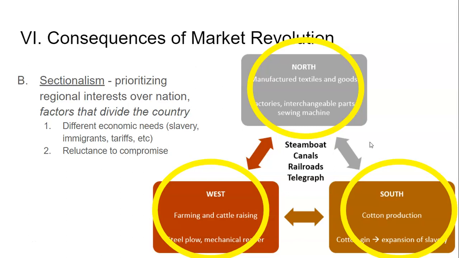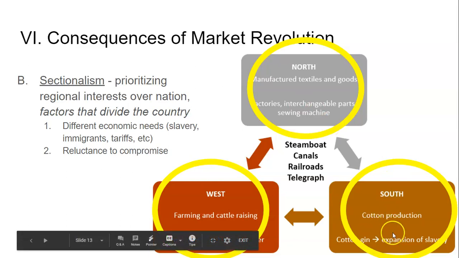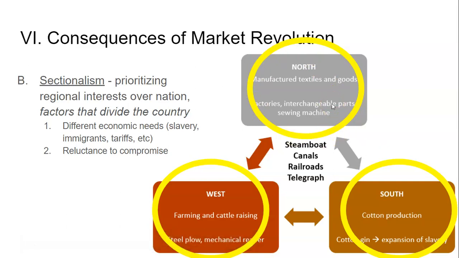And so what we see here is that different regions needed different things to make money. The South heavily relied on slavery for cotton production. The North and their factories are going to heavily rely on immigrant workers and on tariffs that make people want to buy American goods.